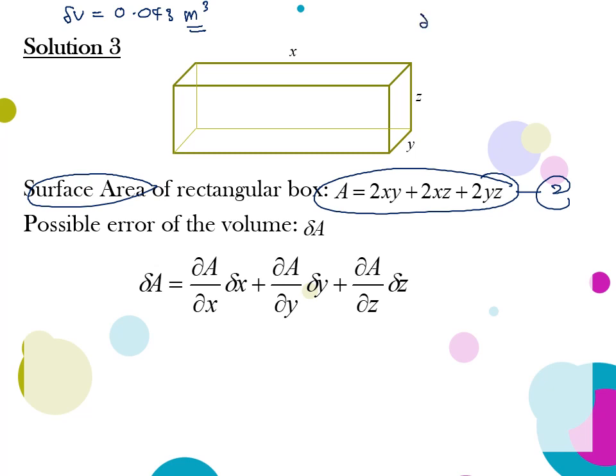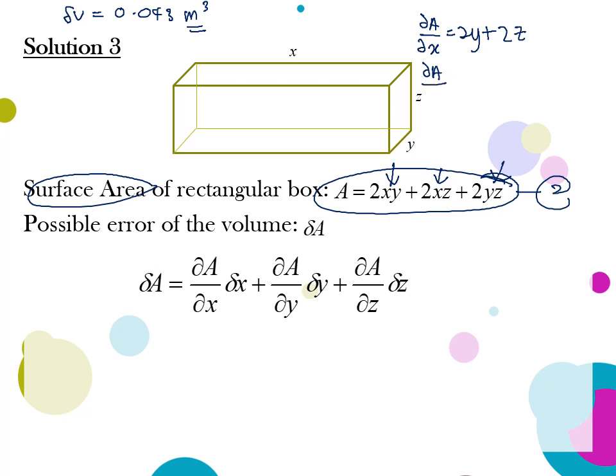So partially differentiate your area with respect to x first. That will give you 2y plus, with x only, 2z. You don't have x in the third term here, so that will be 0. So done for x.